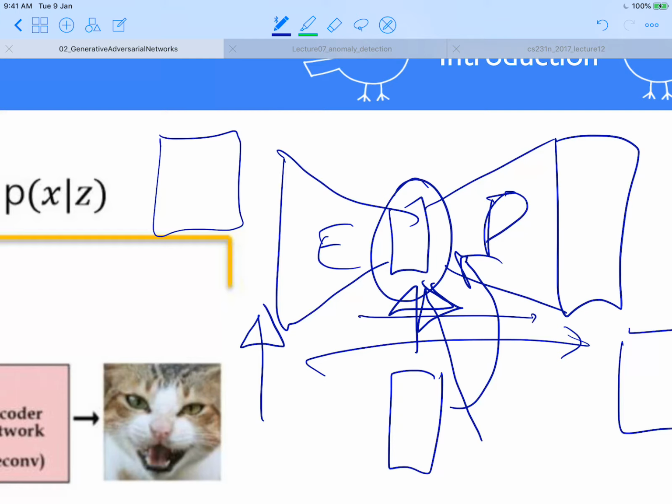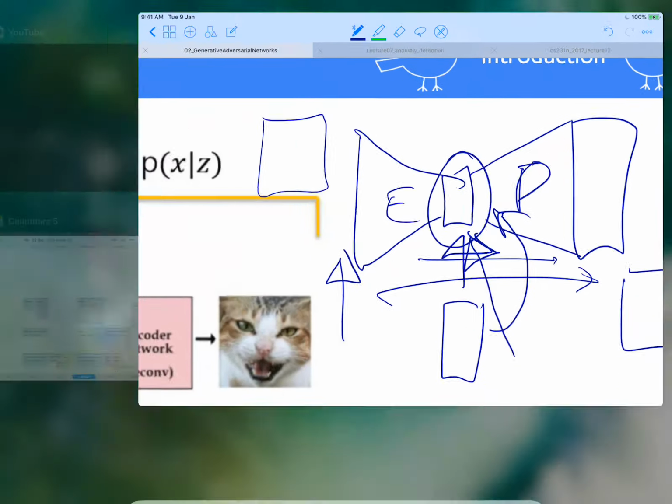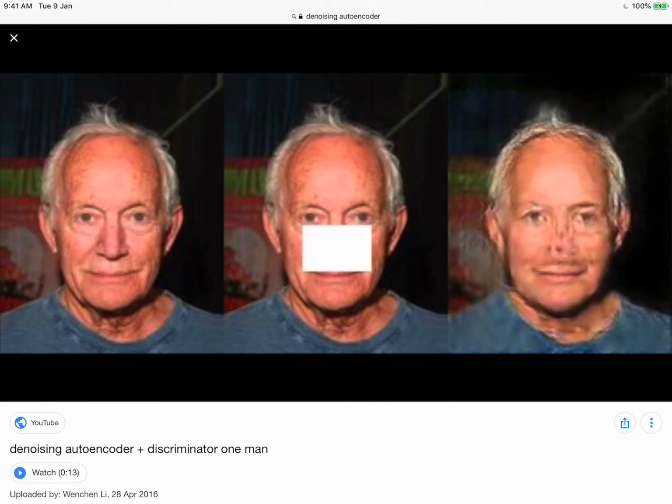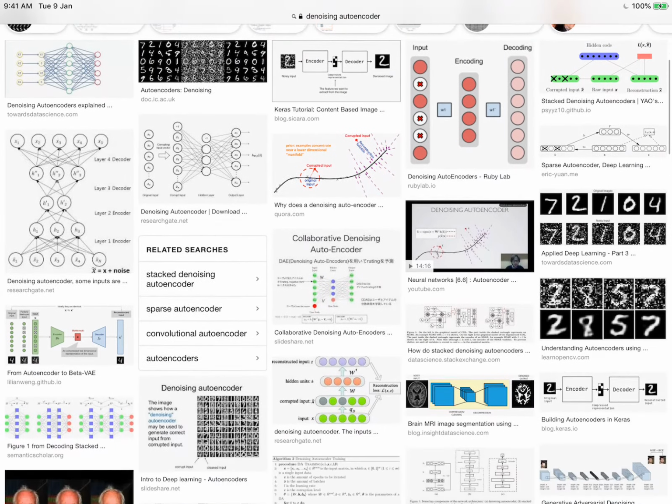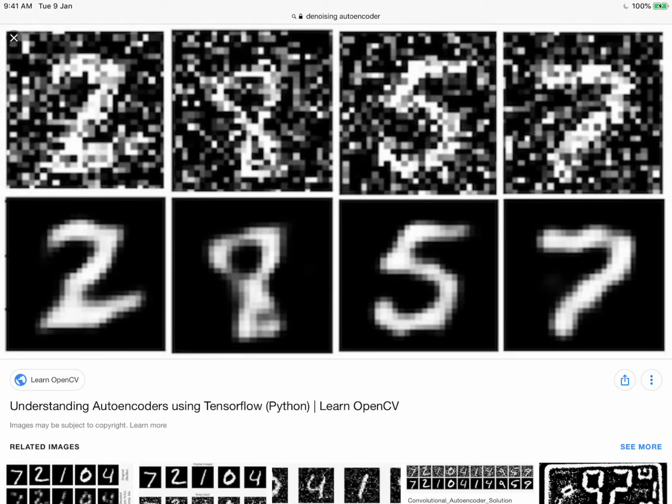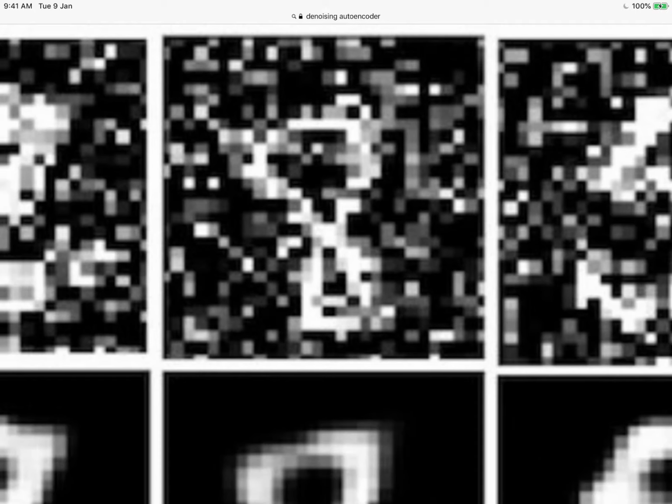Also, another interesting part in this variational autoencoder is, in the case of a denoising autoencoder, which is a kind of special case, how we add the noise to the original image is as follows. We just add random noise generated from a Gaussian distribution having 0 mean and maybe a variance of 5. And this is a hyperparameter.